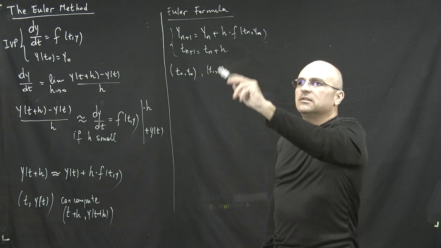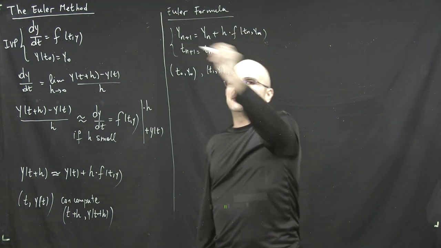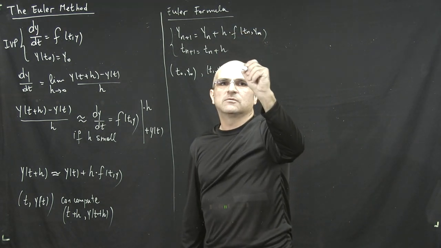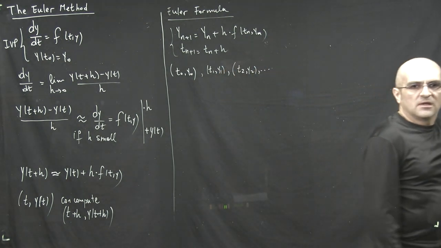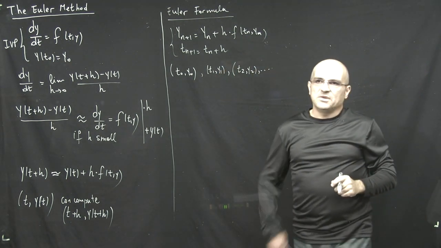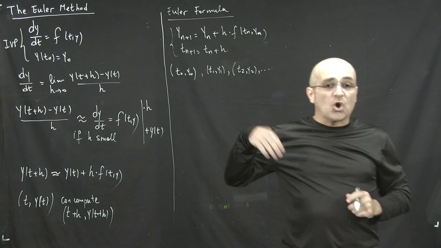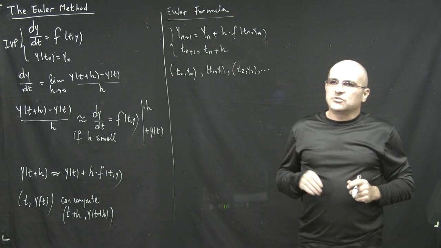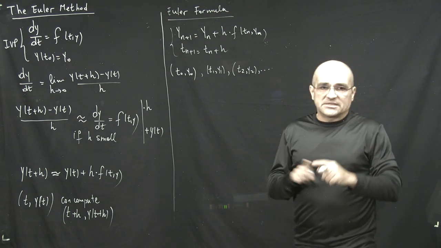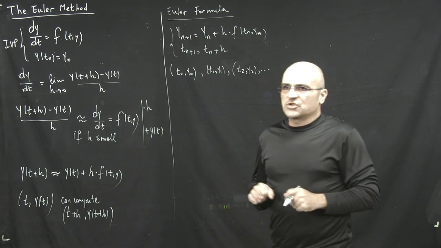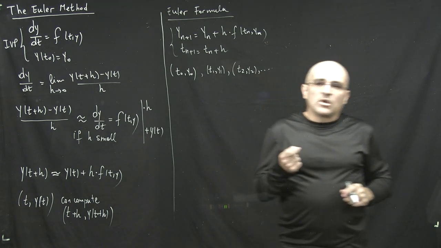Then I can plug in this point on the right side and that gives me t2, y2, and I can keep on going for as long as I want. The algorithm doesn't have any predetermined stopping point. You can keep on generating the points on the solution until you're satisfied with the solution that you want to generate. So obviously the smaller h the better.